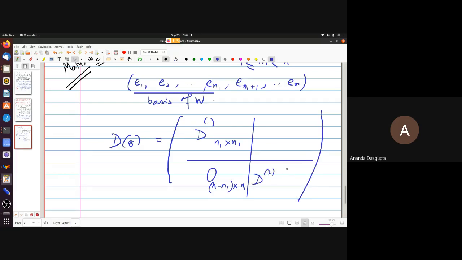Of course, if you apply LG on En1 plus 1 up to En, that means there are n minus n1 vectors left, and you will get an n minus n1 by n minus n1 square matrix down here. But what can you say about these coefficients? This is a question that I'm asking you. What should you be able to say about this? It can be anything, right?